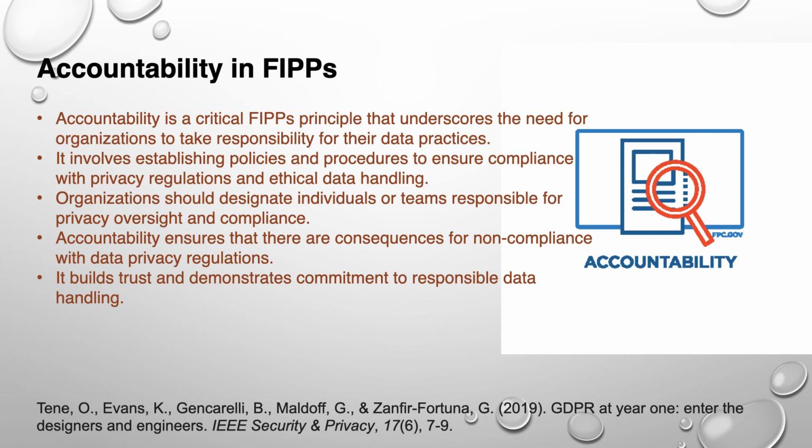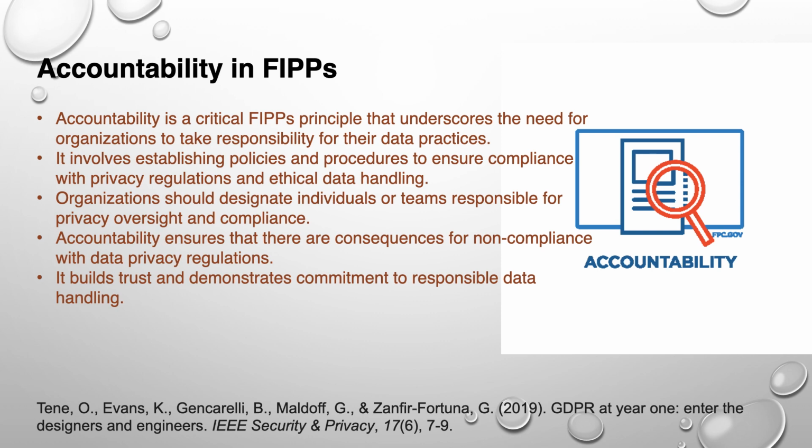Accountability, a key pillar of FIPPs and data privacy. It's about taking responsibility for how we handle personal information. In practical terms, accountability means assigning roles within the organization to oversee data privacy. These individuals ensure compliance with laws and ethical data practices.